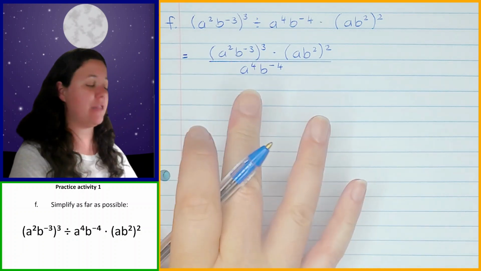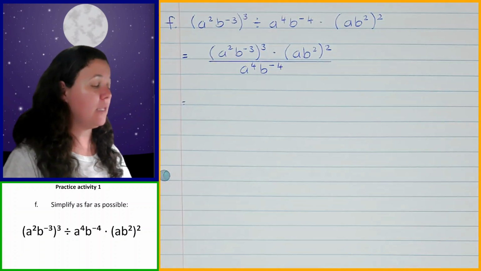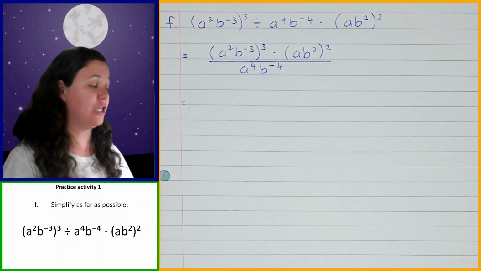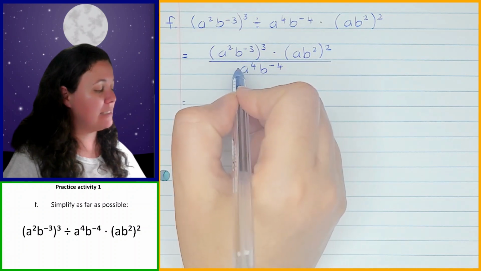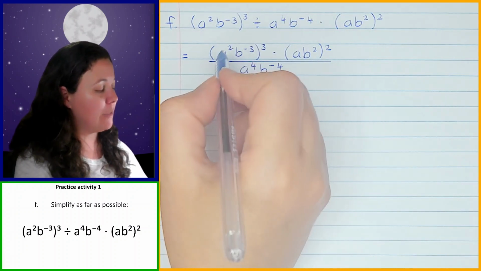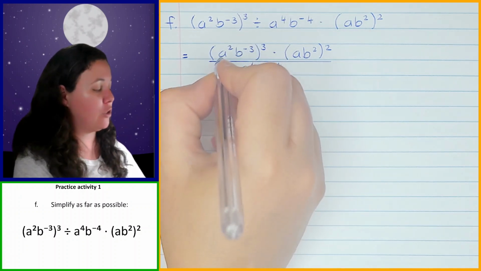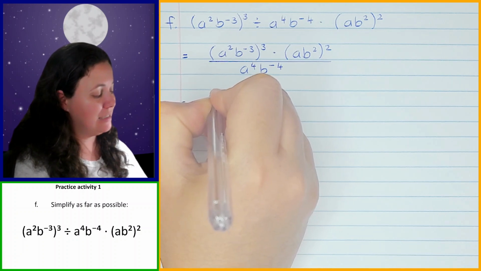Once you've done that, you can start simplifying like you would normally. The first thing I need to do now that I've got it as a fraction is get rid of those brackets. To get rid of these brackets, I'm going to raise everything to the power of 3. So a to the power of 2 to the power of 3 is a to the power of 2 times 3, which is 6.